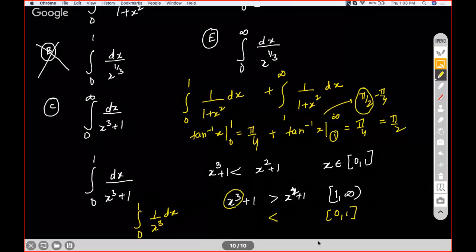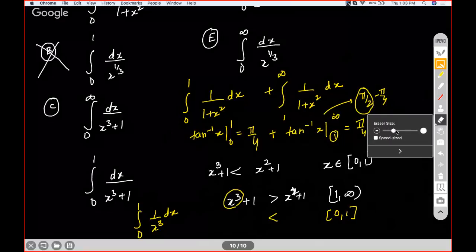You can use the comparison test for the 1 to infinity part, so take it from 0 to 1 and 1 to infinity. The 1 to infinity part converges. Let's just assume the other part; we'll solve the other two and then see if we find one of them.